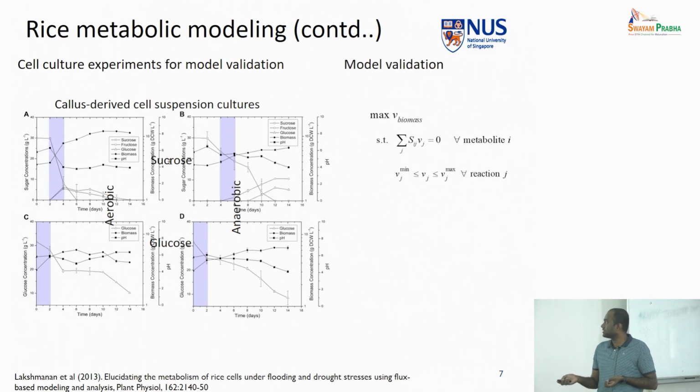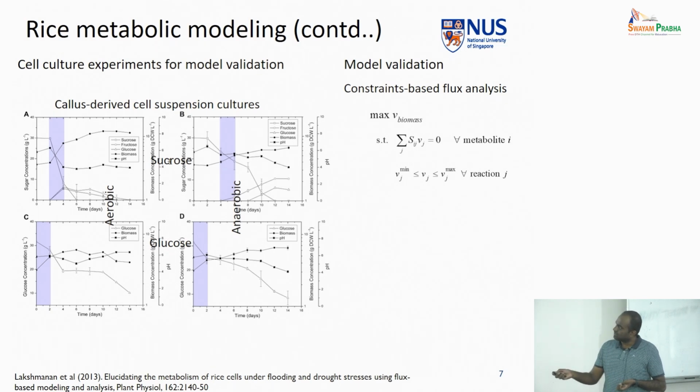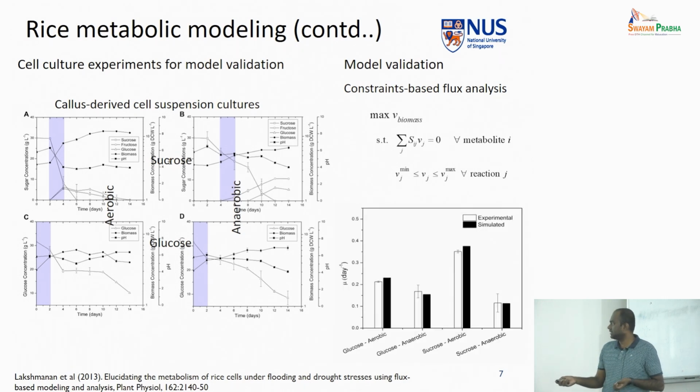So what we did in this case is, we used this consumption rate of the substrate, and then we allowed the model to predict the increase in the cell mass. And we were able to see that the prediction levels in almost all the conditions were quite within reliable ranges. The model was able to predict quite accurately. That's what I'm trying to say.